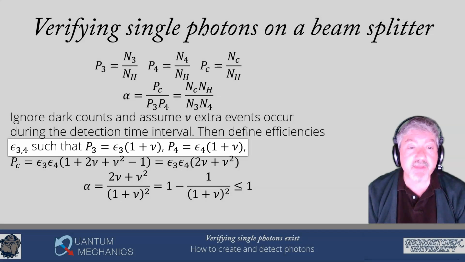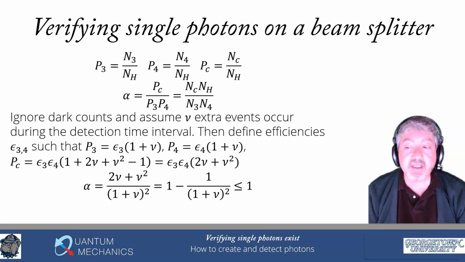The way you should think about that is I'm counting in port 3 or in port 4 according to how many photons were present. But if I actually had 2 photons spontaneously emit within that time window, then they'll have the same probability of branching into port 3 or port 4, and I just have to add them in, and they add according to the rate at which I have multiple photons appearing within a given measurement window, which is given by nu.